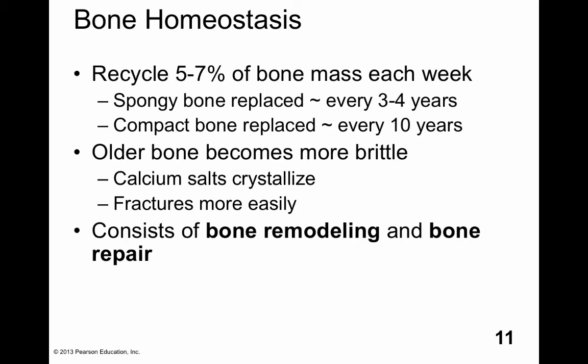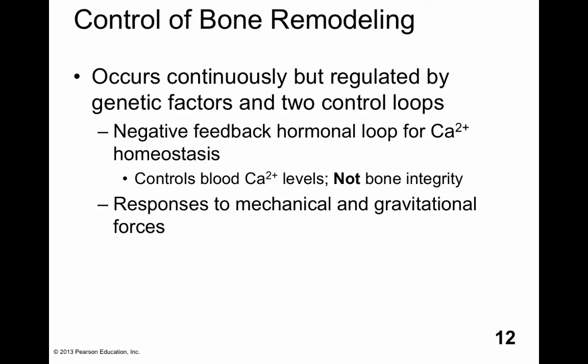Now, basically, bone homeostasis consists of both bone remodeling and bone repair. And we've talked about bone remodeling here. And like I mentioned earlier, bone remodeling has genetic and control loops, negative feedback.